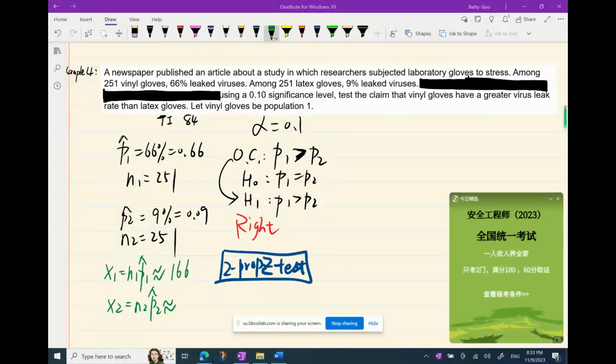Yes. 251 times 0.09, so you're going to round it up again to 23. It's right-tailed, so make sure you highlight greater than p2, then confirm and calculate.